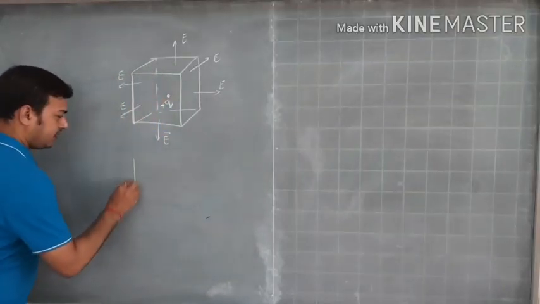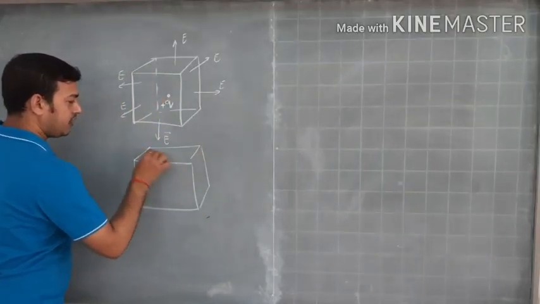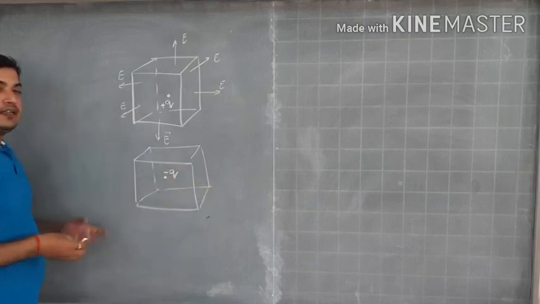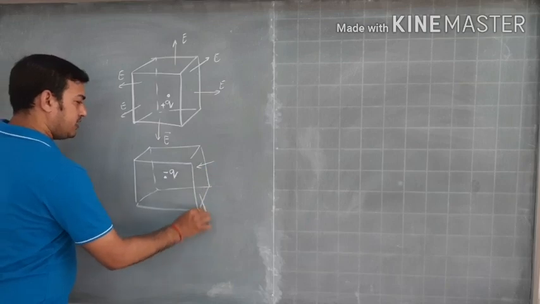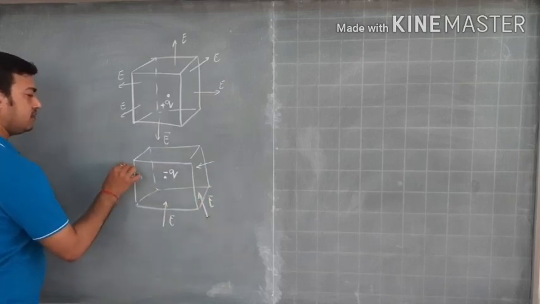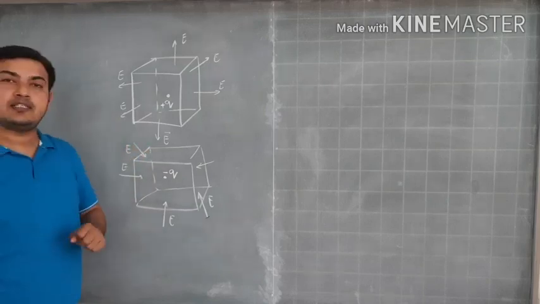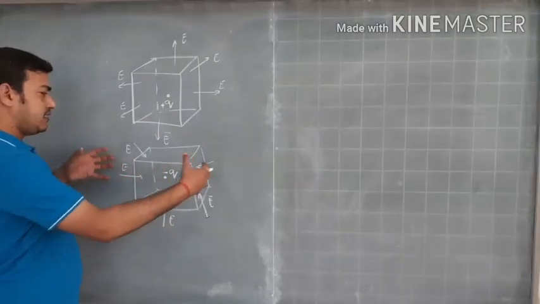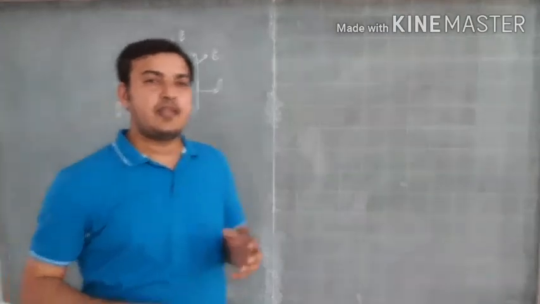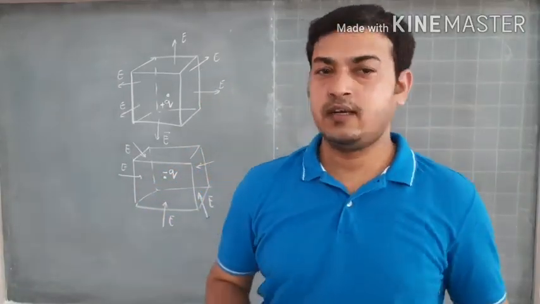On the other hand, if I consider a negative charge inside the same box, then field lines will enter this box, because for a negative charge the electric field is towards the charge, and in that case we say that the electric flux is inward flux.